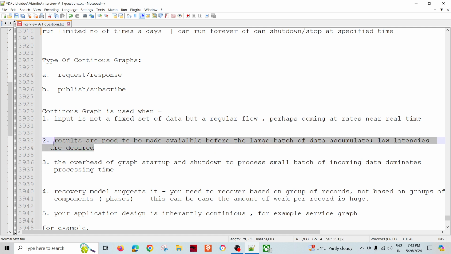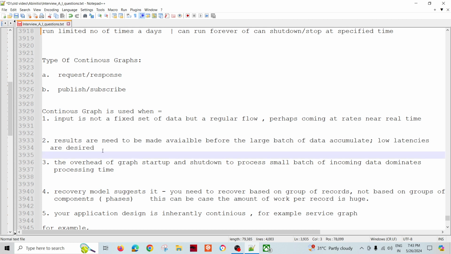The expectation is that as soon as the request comes, we need to have a response, or as soon as the data is in the pipeline or queue, it must be processed and sent to downstream processing. Publishing must happen with low latencies.